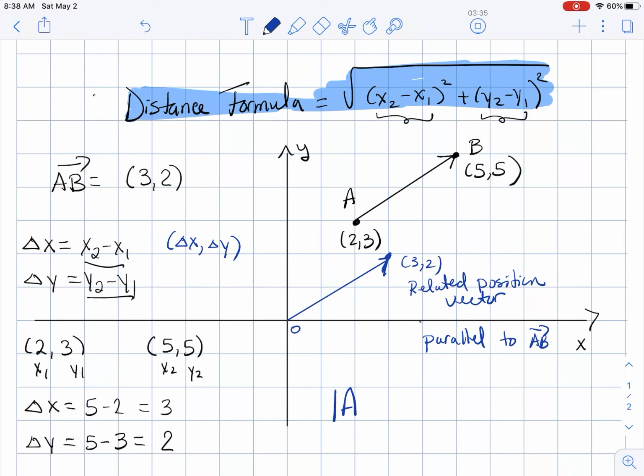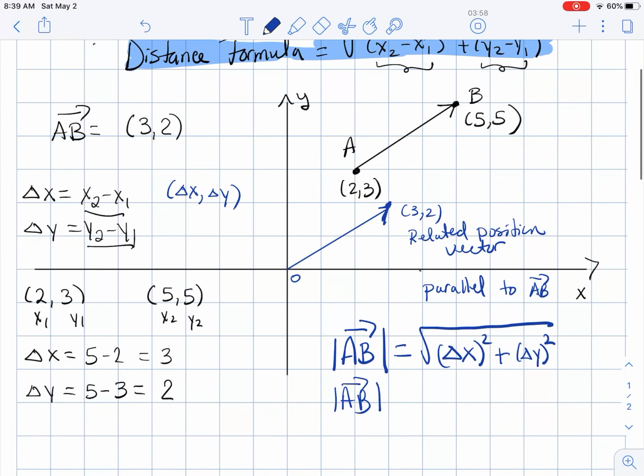Now, if I wanted to find the magnitude of AB, remember, the symbol for magnitude is the absolute value symbol. It's going to be the square root of delta x squared, which is x2 minus x1, plus delta y squared. I've already calculated delta x and delta y: just 3 and 2.